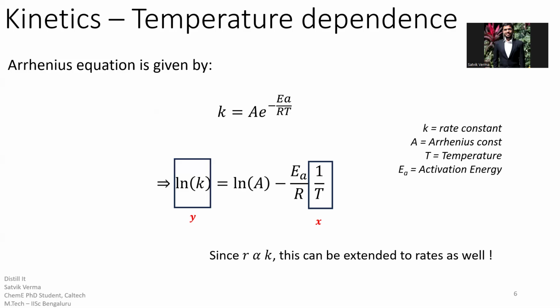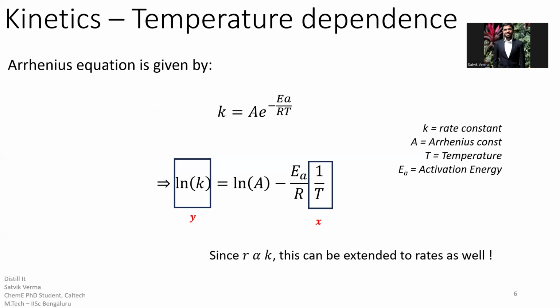You can say ln r is also equal to ln some constant minus Ea by R into 1 by T. That constant would be a function of the concentration, but as long as you maintain the concentration at a fixed value and you just change temperature. So for example, if you carry out a reaction at 300 Kelvin with 0.1 molar of some reactant, and then you carry out the same reaction with 0.1 molar of the reactant but at 500 Kelvin, and you take the rate measurements.